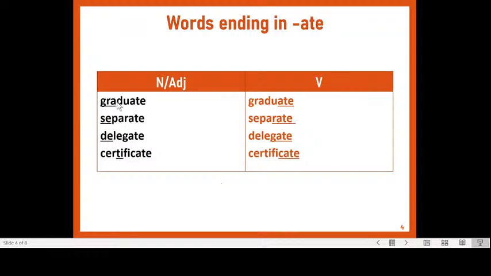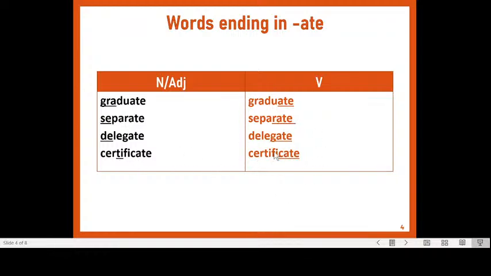Okay, like graduate, like graduate student, and graduate when it's a verb. Separate is an adjective, and separate, it's a verb. Delegate, it's a noun, and delegate. Certificate and certificate. Okay, so here all the words end in 8.